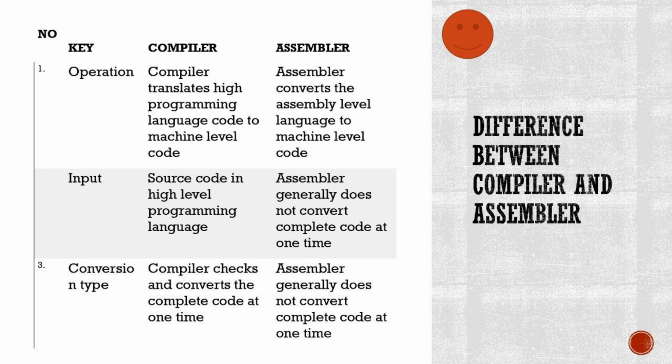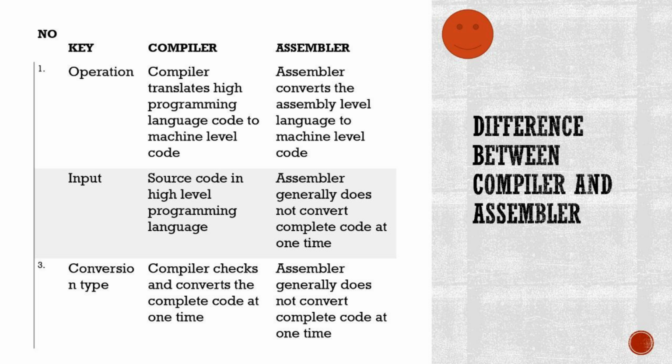Next, difference between compiler and assembler. Number 1 is operation. A compiler translates high-level programming language code to machine level code. An assembler converts the assembly level language to machine level code. Number 2 is input.